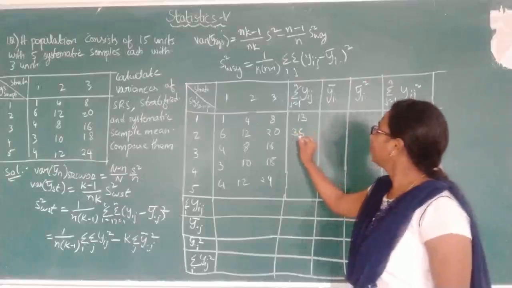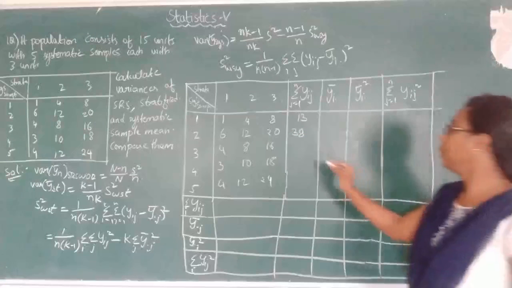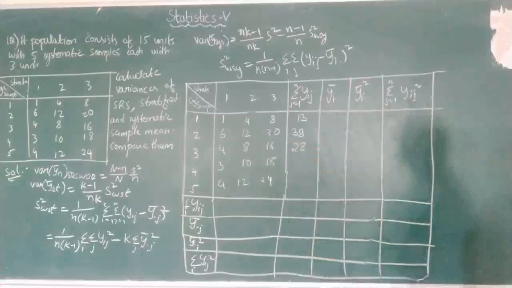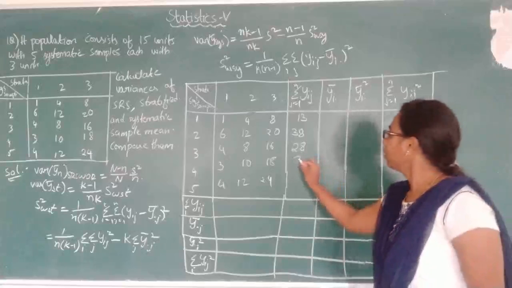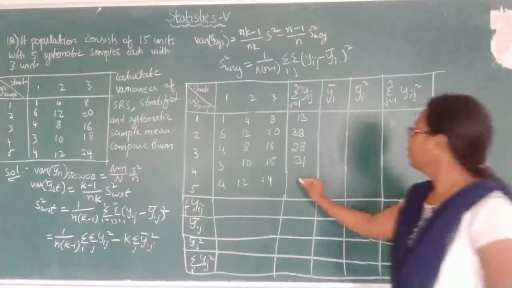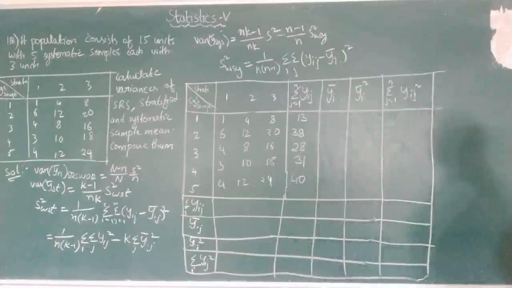Next value is 16 plus 4, 20 plus 8, 28. Similarly, 18 plus 10, 28 plus 3, you will be getting 31. 12 plus 4 is 16 plus 24 is 40. So this is summation over j of Yij.